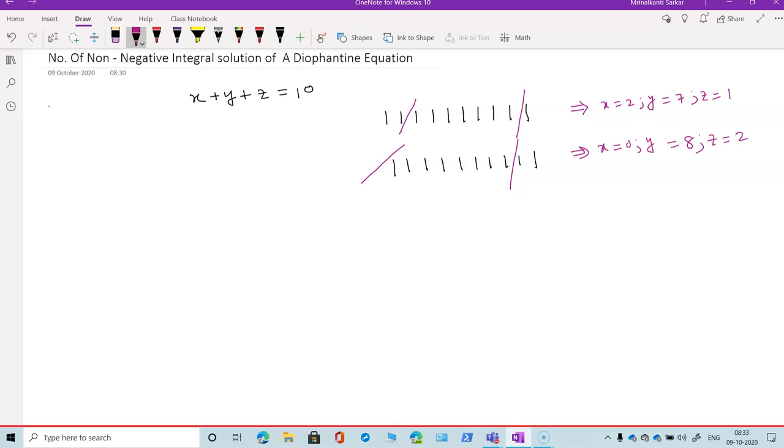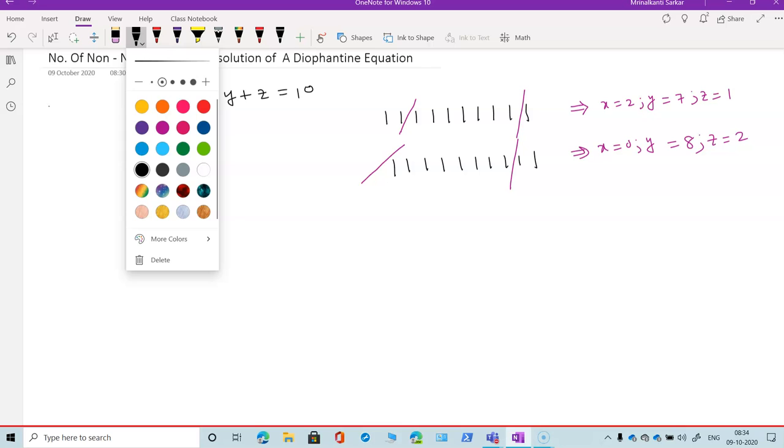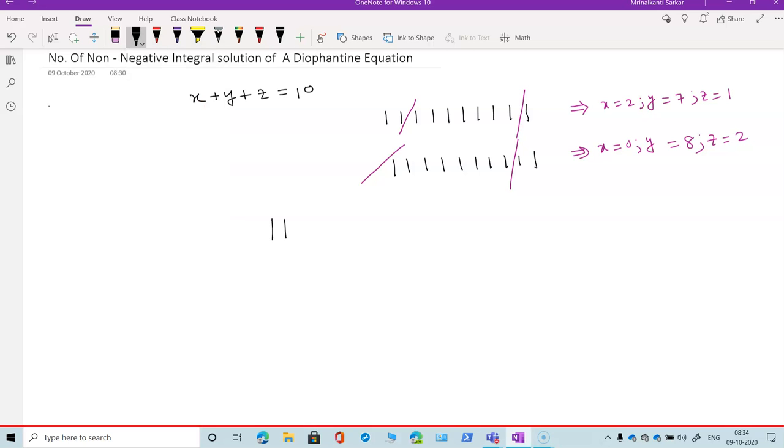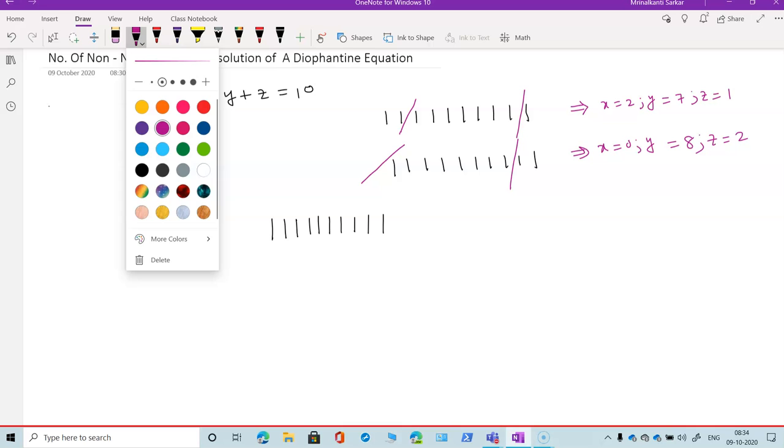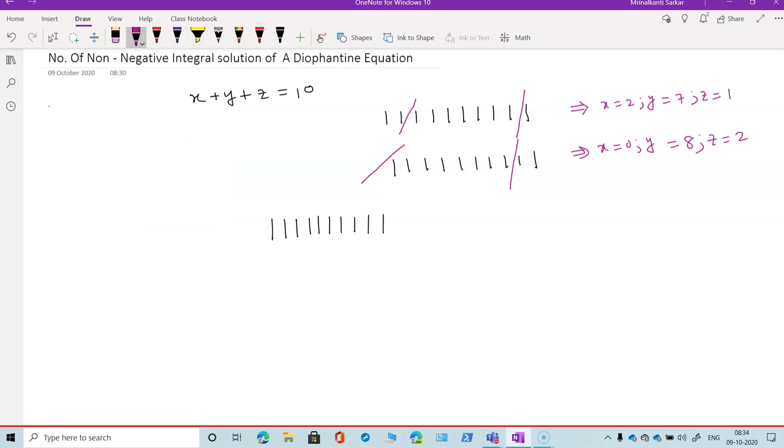So don't you think that when you are keeping those 10 ones and two separators, just two separators you can take in any manner. They can go outside also.